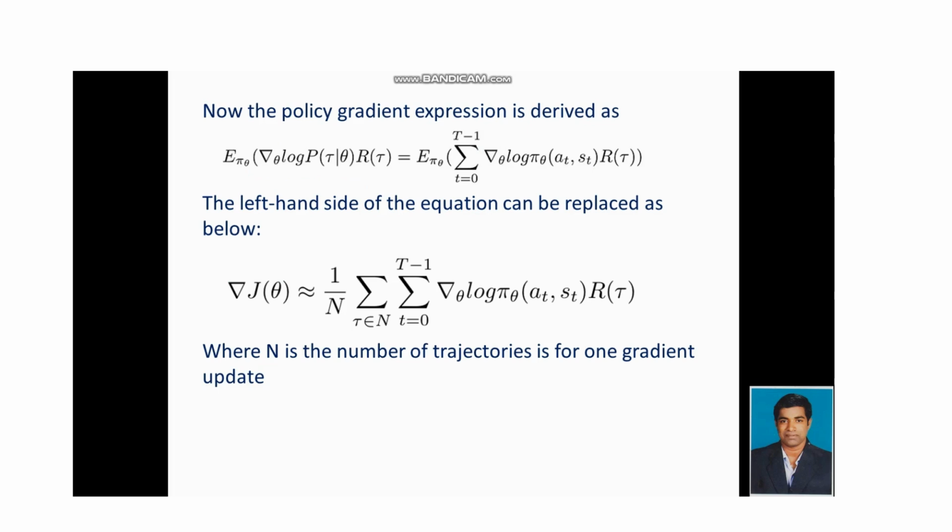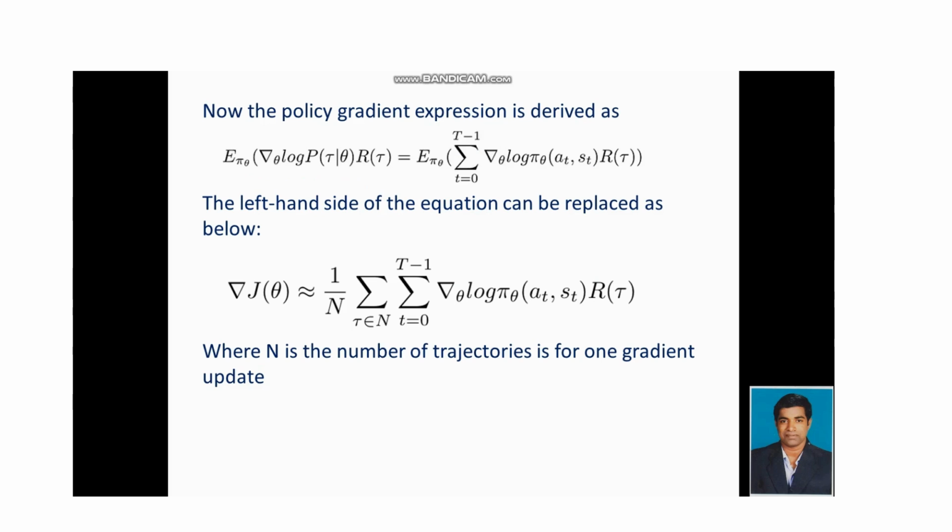The gradient of J of θ, that is the gradient of the objective function, is approximately 1 by N summation over i, an element of capital N, and another summation t equal to 0 to capital T minus 1. There are two summations.